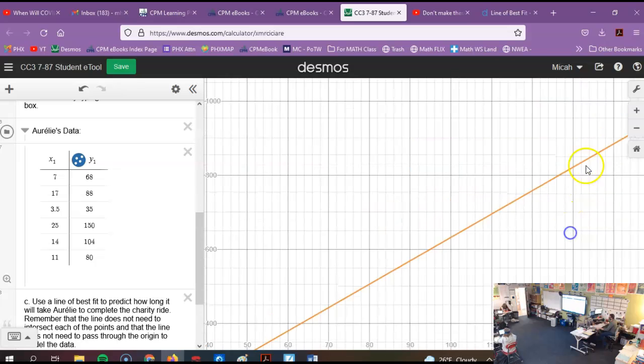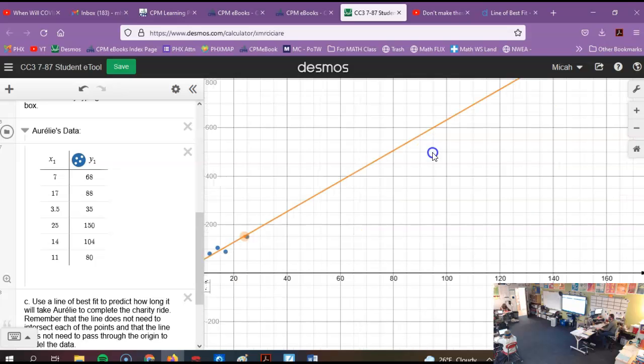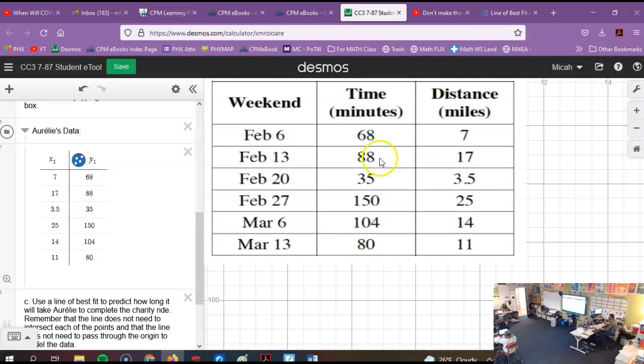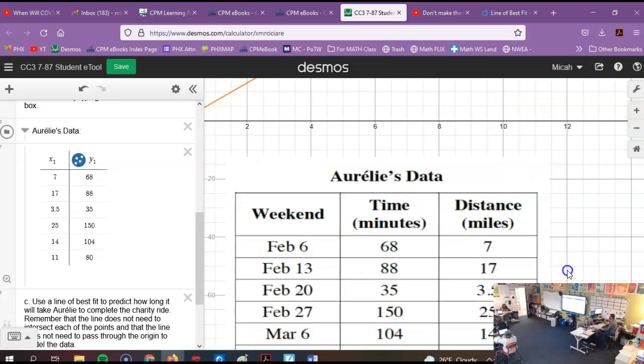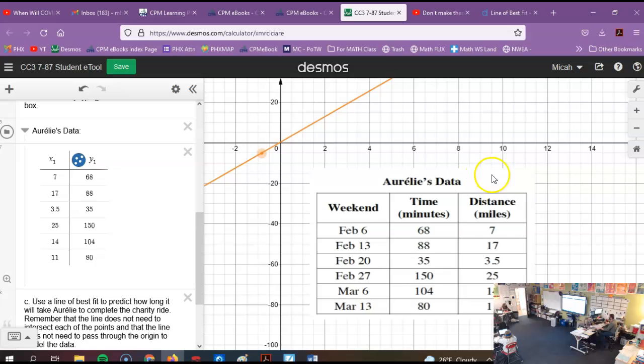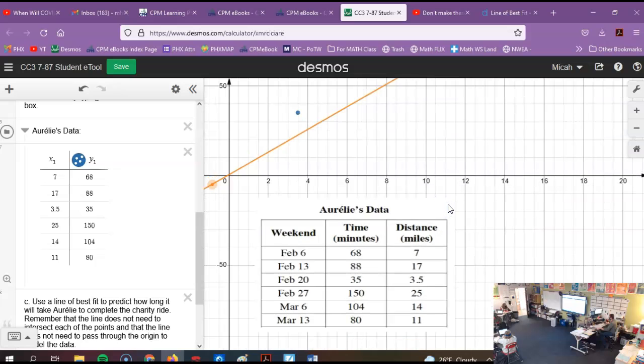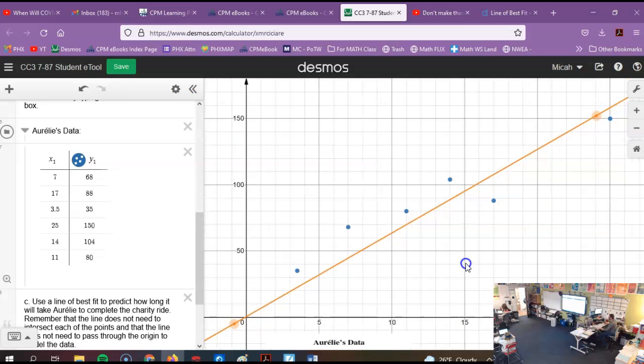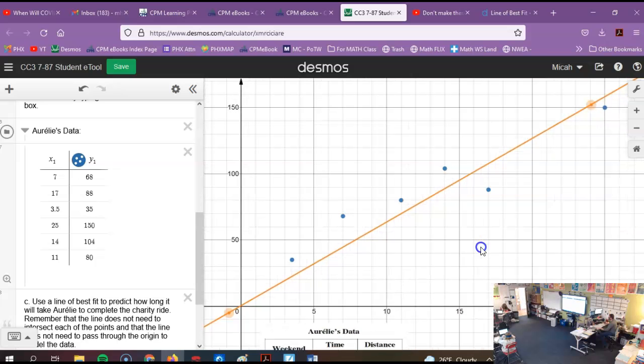And guys, why is this number so high? Because it's minutes, right? The data they gave us was in minutes, not hours. We're talking in minutes. So it's about 900.